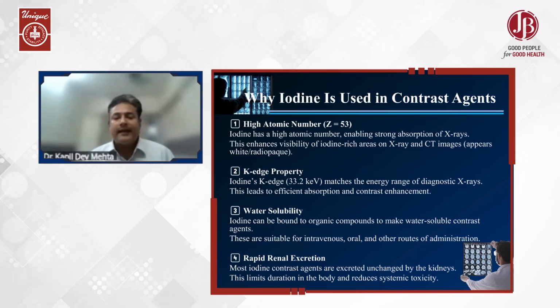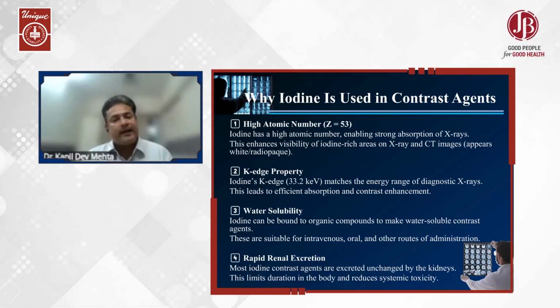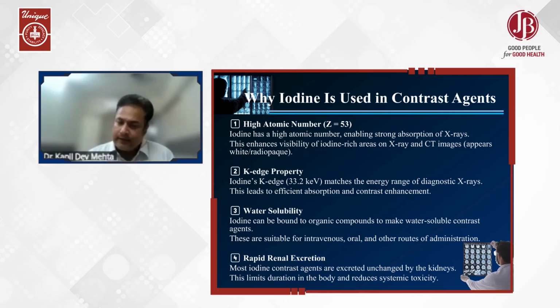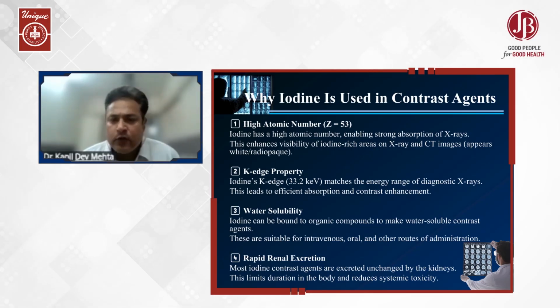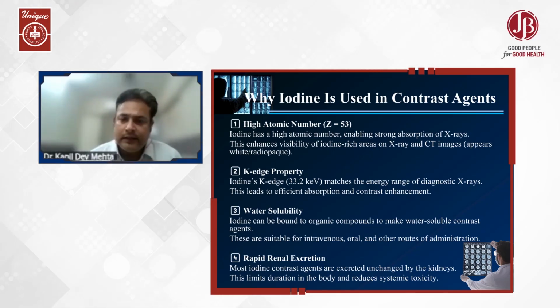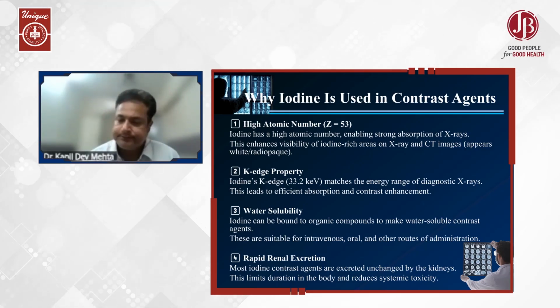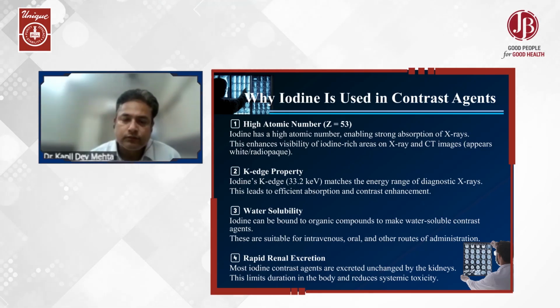The second part is that it is excellently water soluble. I discussed with you that an ideal contrast agent should be water soluble. Iodine is water soluble, which helps in easy and rapid excretion. That is why iodine is one of the most preferred elements in contrast agents.